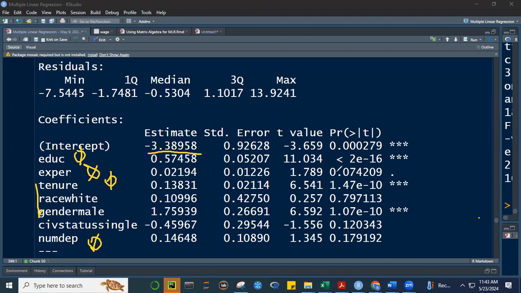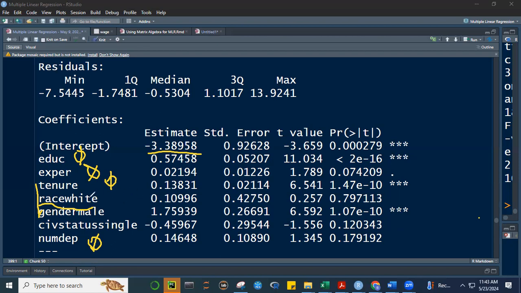And class, who is male? Okay, thank you, Colin. Opposite, I think you guessed it right, but on the other side. It's female. Why female, class? Didn't we make this into a dummy variable? Which one is zero here? Female appears first alphabetically, so we gave it the zero value.